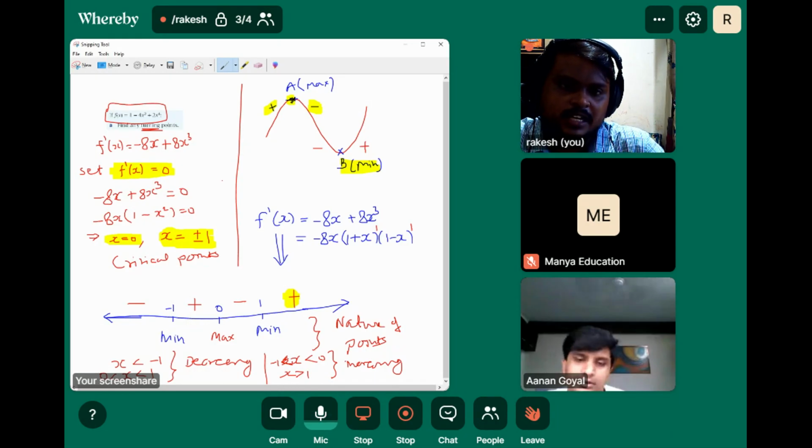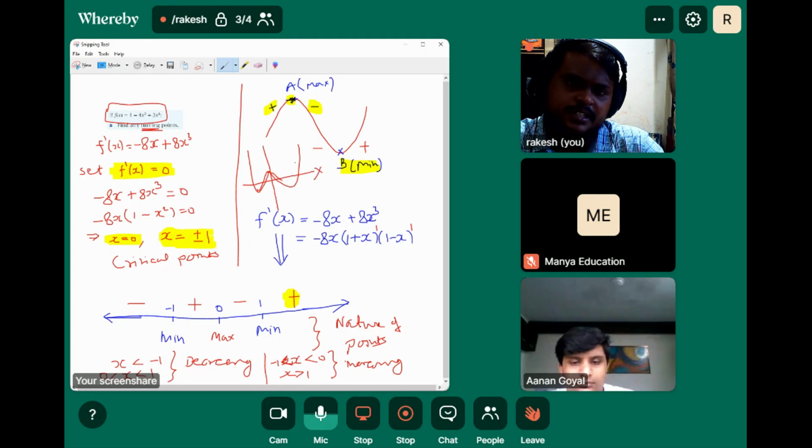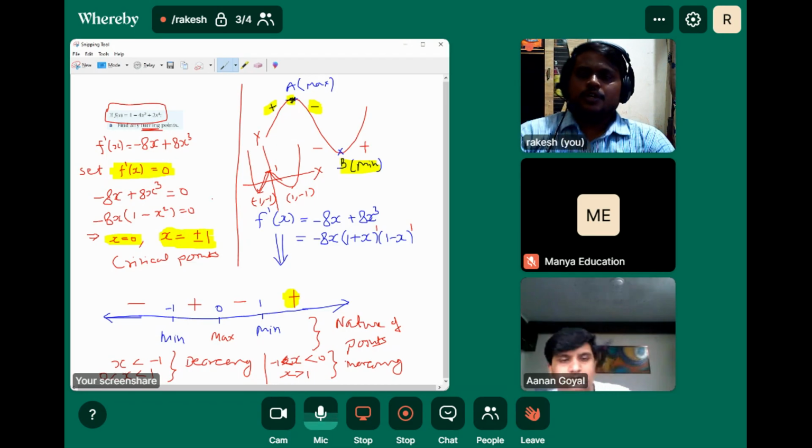I think the graph is of this kind, this way, where this is the x-axis and this is the y-axis, right? This point is 1, this is -1, and this point is 1 comma -1, right? Okay, fine.